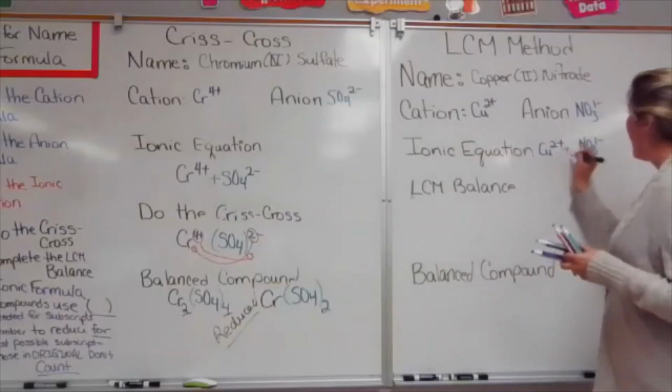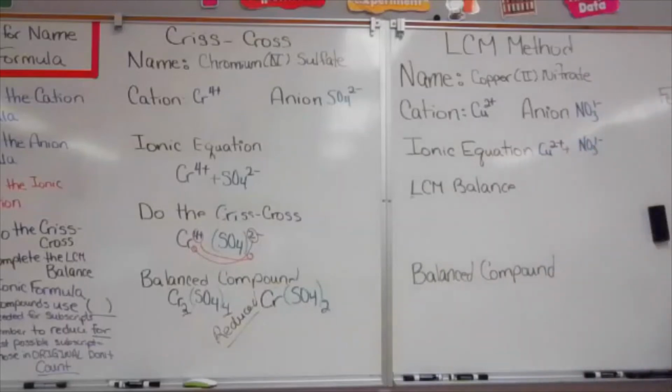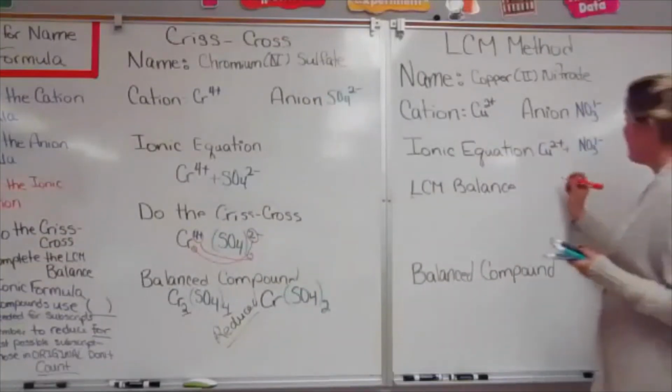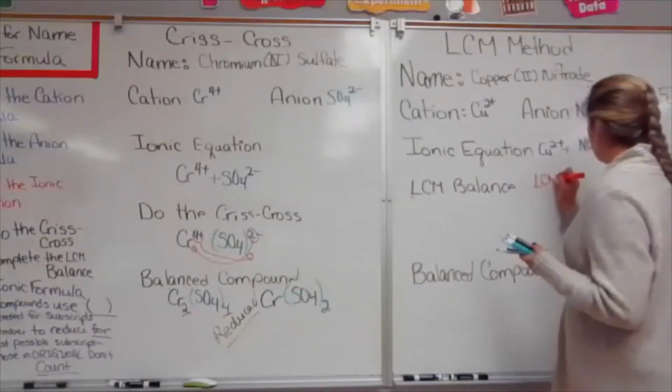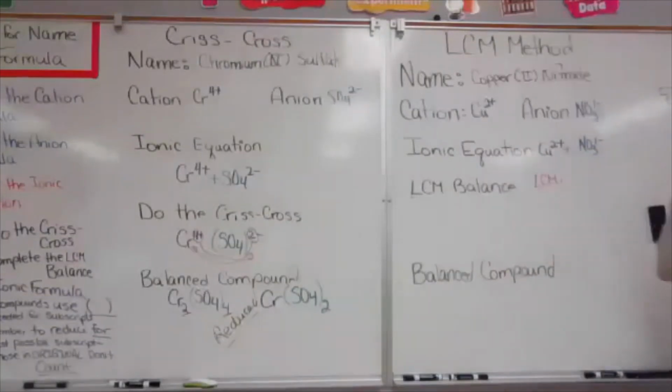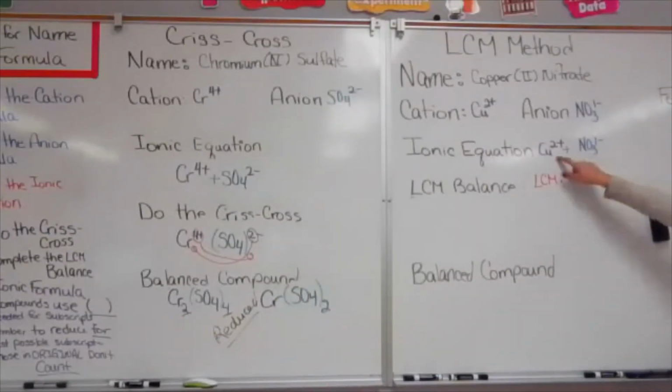Now that I've done that, I can figure out my LCM. And for my LCM, I can look between the 2 and the 1. We know that LCMs are rarely 1. They're only 1 if they're both 1s. So the lowest one that both 1 and 2 will go into is a 2.